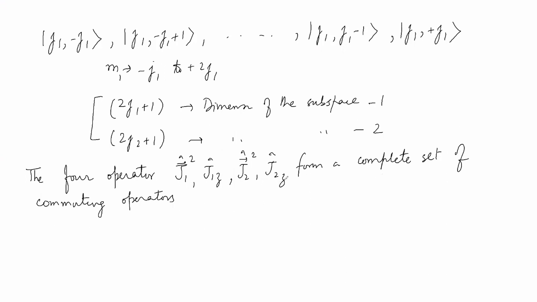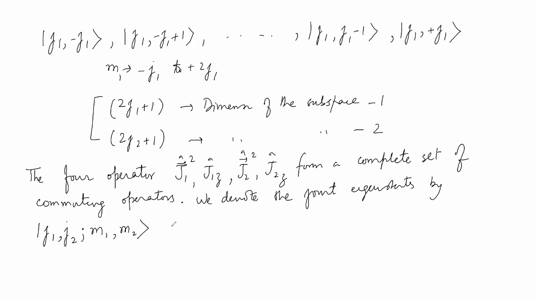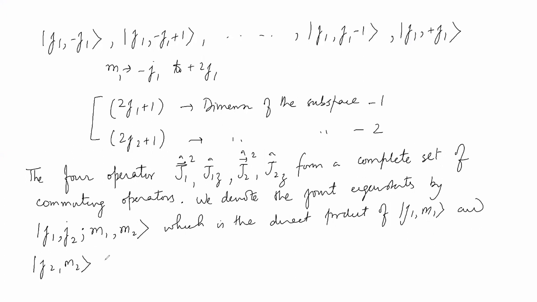Therefore, if these four angular momentum operators commute among themselves, that means we can represent them by joint eigenstates, and we denote the joint eigenstates by |J1, J2, M1, M2⟩, which is the direct product of |J1, M1⟩ and |J2, M2⟩.